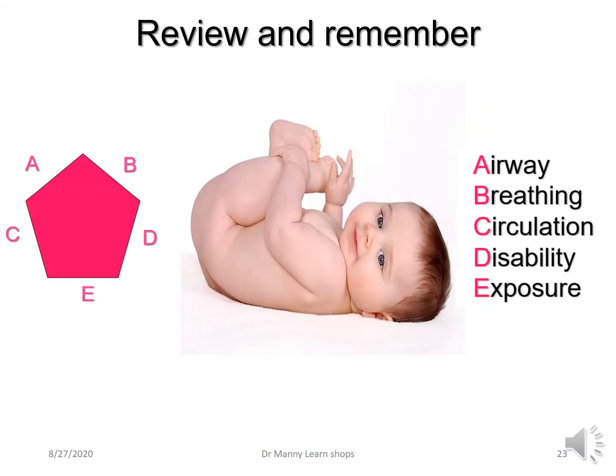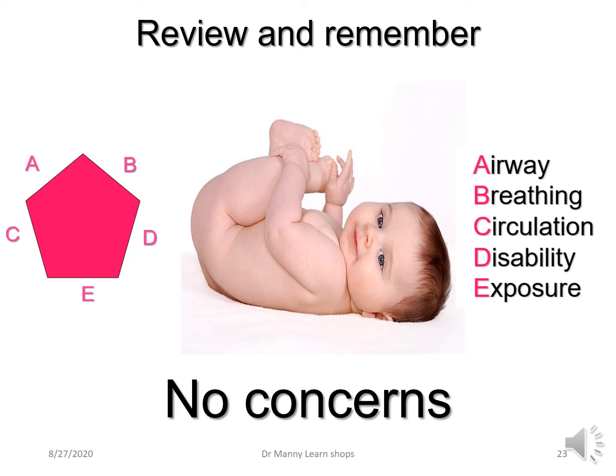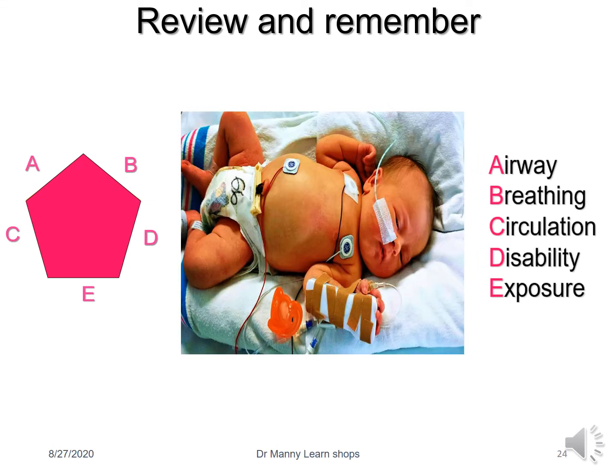So let's review and remember now. Look at the image. All you can do is inspect. You've got A, B, C, D, E. So in this situation, I don't think there are any concerns at all. Now you've got this little infant, which has got noisy breathing, sternal recession, impaired mentation.